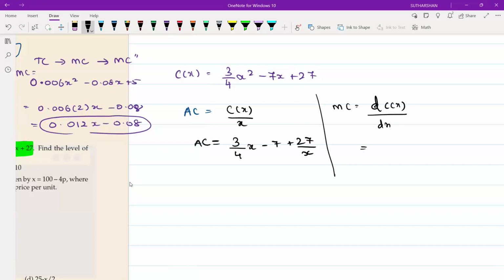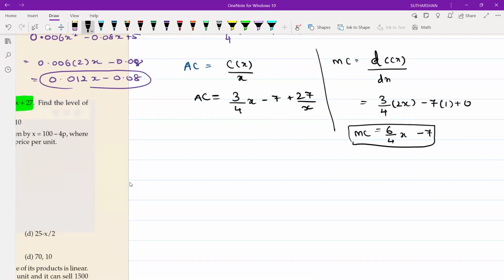If I differentiate, the 3 by 4 x square will become 3 by 4 into 2x, minus 7 into 1, plus 27 will become 0. So it will become 6 by 4x minus 7. That's my MC. Now we have written both.